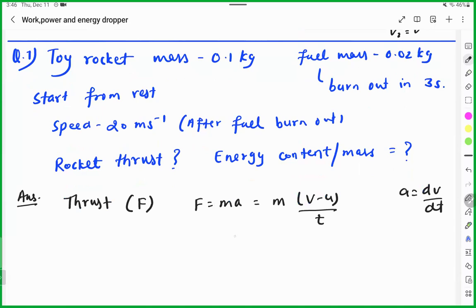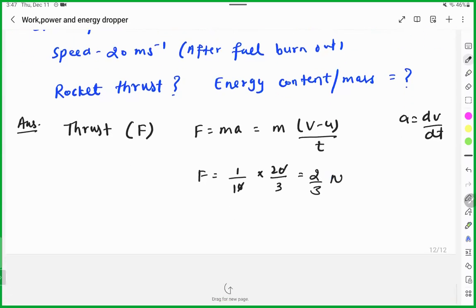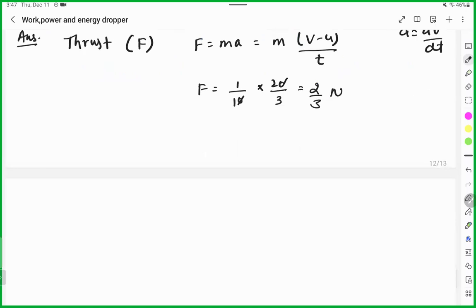What is the mass value? 0.1. Final velocity 20, initial velocity 0, so it is 20. How much time? 3 seconds. 0, 0 cancel. It will be 2 by 3 Newton. Understood? Any doubt? No, sir.